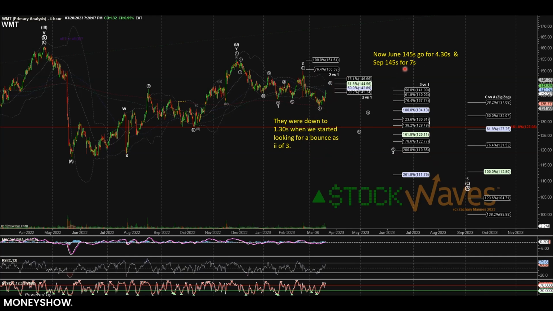In September, 145s are going for about in the 7s. So another good opportunity that, if we get over this resistance, then it's probably more than just maybe an alt wave two, but a good opportunity to draw down some additional premium there.